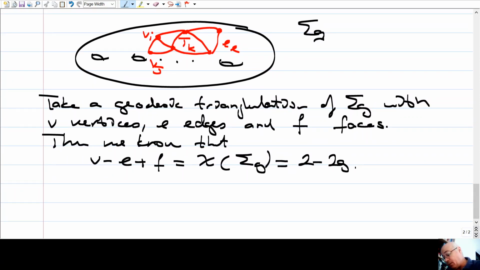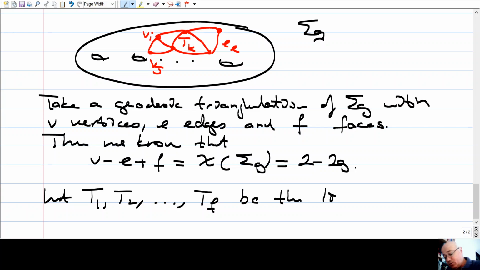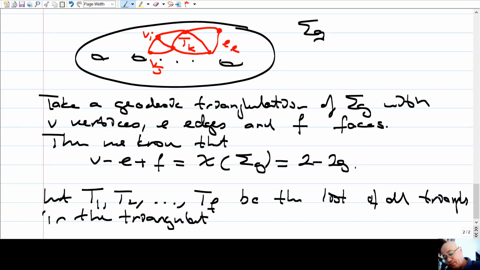Okay. Now let T_1, T_2, ..., T_f be the list of all triangles in the triangulation. So this is T_k, for example.